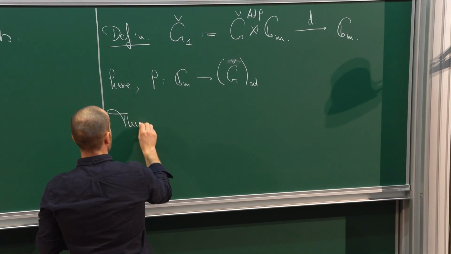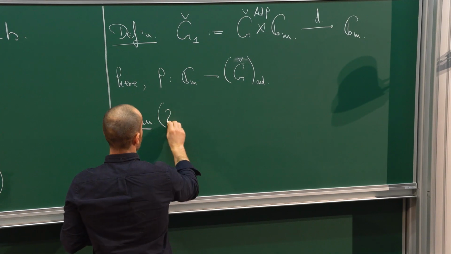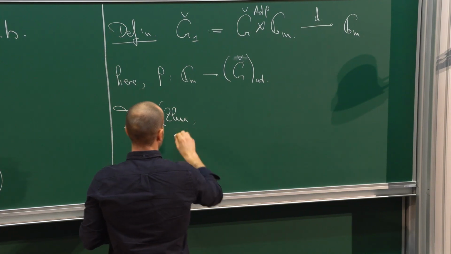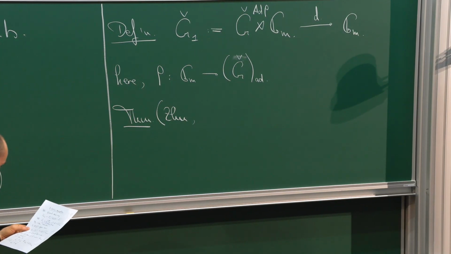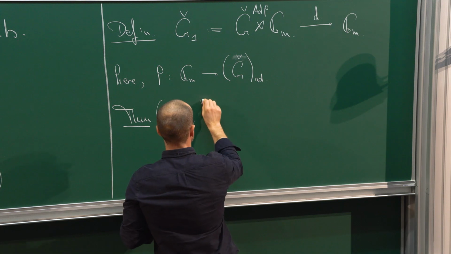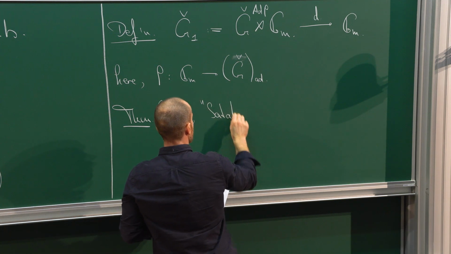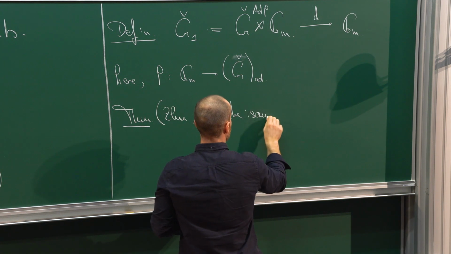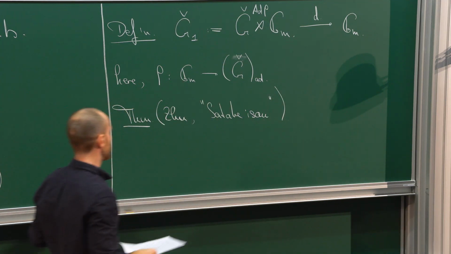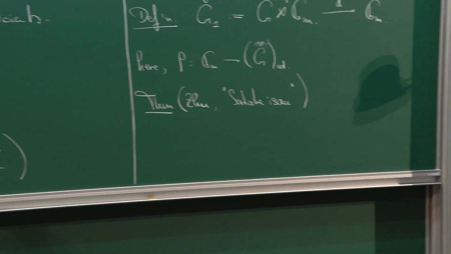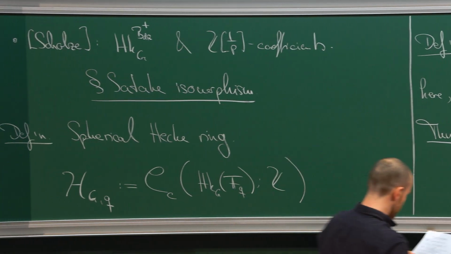Okay, now the theorem. Of course this has a long history, but this version I'm stating is in a paper of Zhu, and it's the version of the Satake isomorphism referred to in this paragraph here.